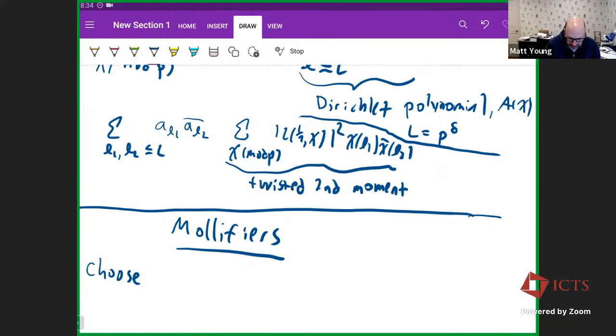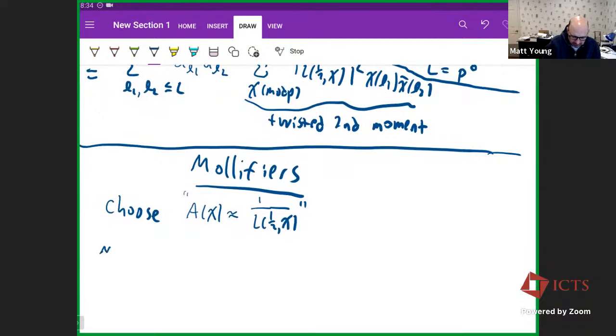We want to choose A of chi, and we have to really use our imagination here with a squiggly approximation sign, to think of this as the reciprocal of the L-function at a half. I'll put quotes around it to signify that this is pretty hand-wavy. We want to think of it as some kind of approximation to the reciprocal of the L-function.